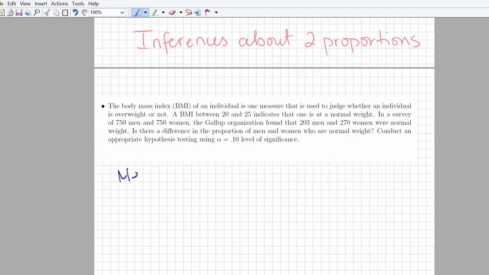Let's take a look at the information about men. So we have a sample of 750 men, and out of those we have 203 who are normal weight.